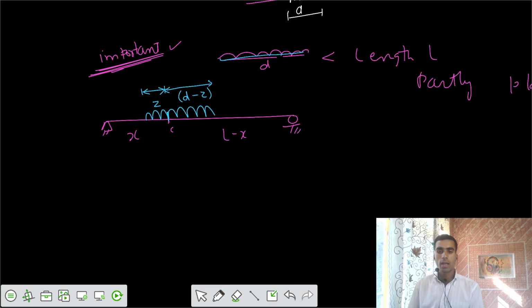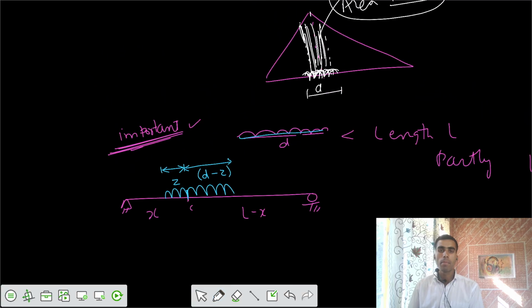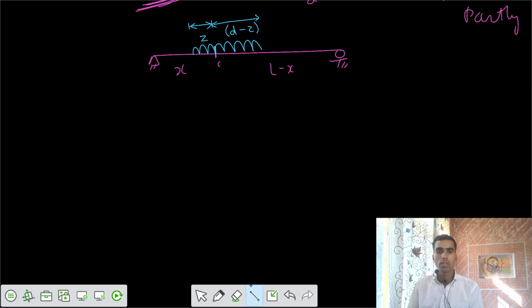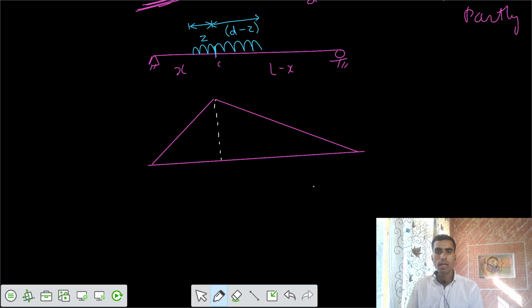Now I need to calculate for this one. What is the moment developed at C? I know the equation for the ordinate at C, YC. Can you calculate YC?